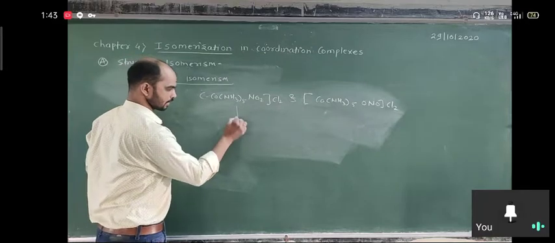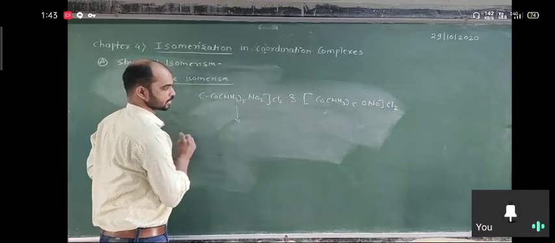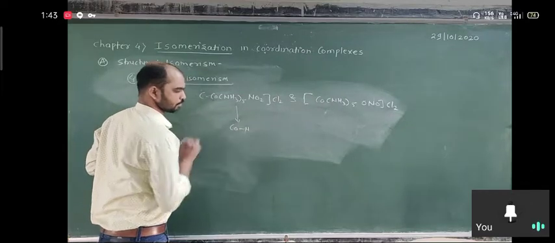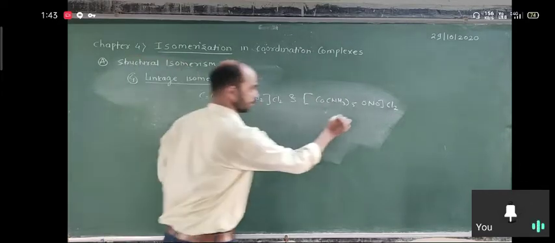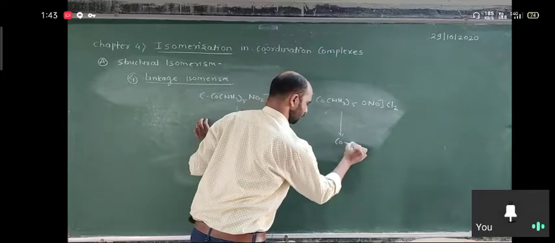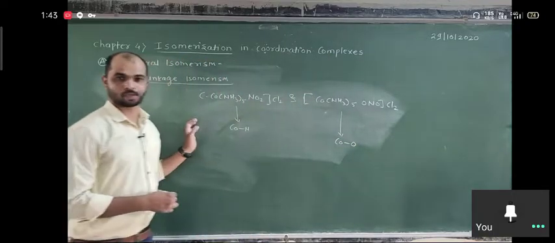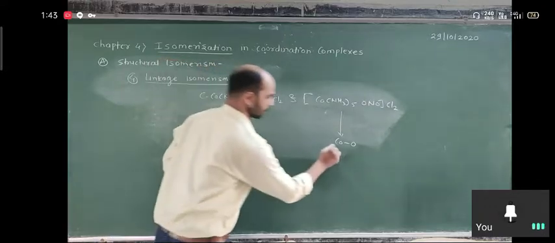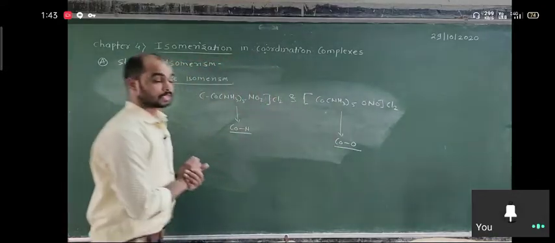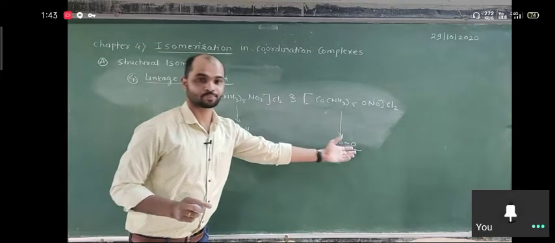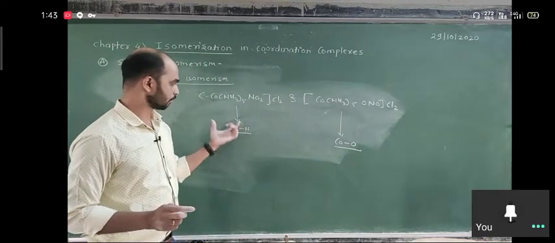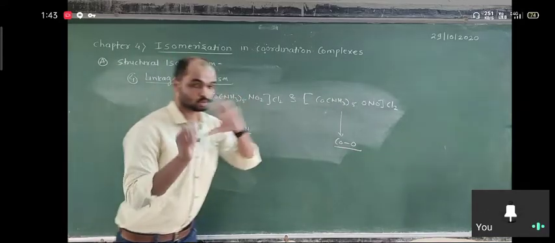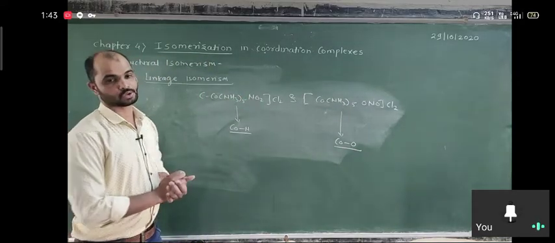In the first example, nitrogen is attached to the cobalt, so this type of linkage, Co-N, is formed, but here a Co-O linkage is formed. So both have different linkages with this ligand, so both are linkage isomers of each other.